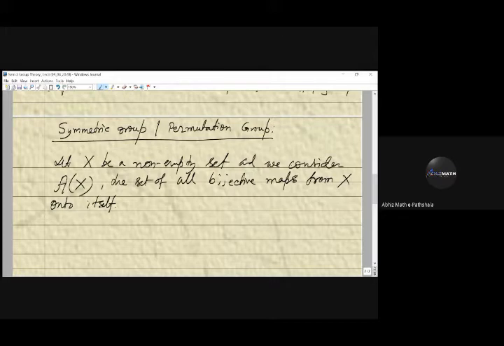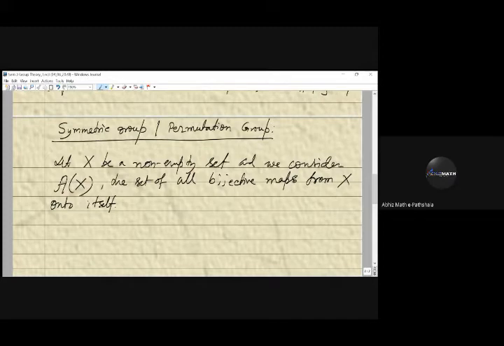Now we see that if you are considering two maps from a set X onto itself, then you can always generate another map which will be their composition, right?